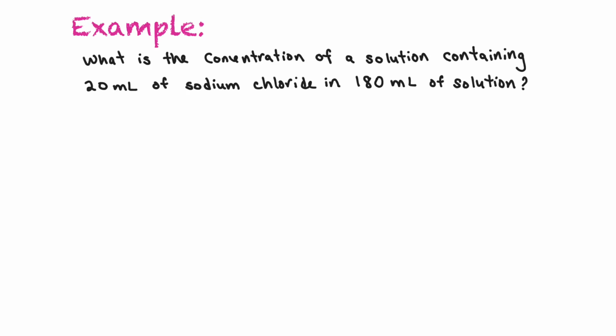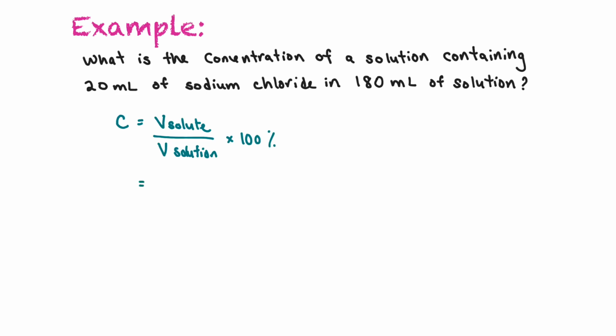Now we're going to practice calculating percent concentration with a couple of examples. The first one is: what is the concentration of a solution containing 20 milliliters of sodium chloride in 180 milliliters of solution? C equals the volume of solute divided by the volume of solution, times 100.